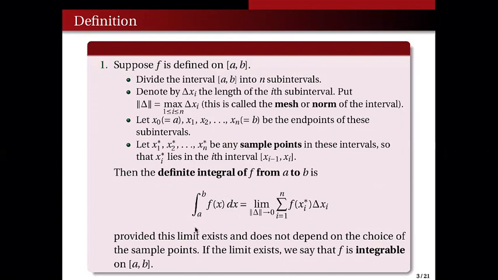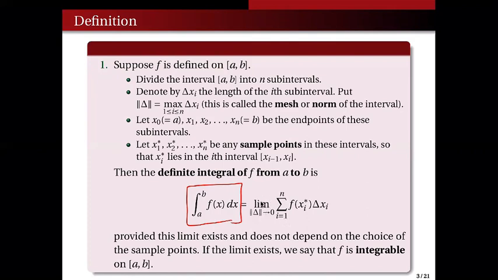This guy here is read as the definite integral of f of x dx from a to b. And this definite integral can be calculated as the limit of the Riemann sum. So this guy here is still a Riemann sum, the summation of f of x sub i star times delta x sub i from 1 up to n.